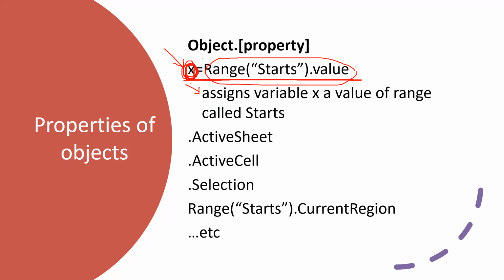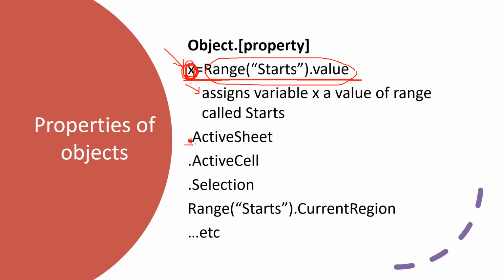These are called properties, right? For example, when we use the dot, we can identify properties of an object. For example, a workbook has sheets.